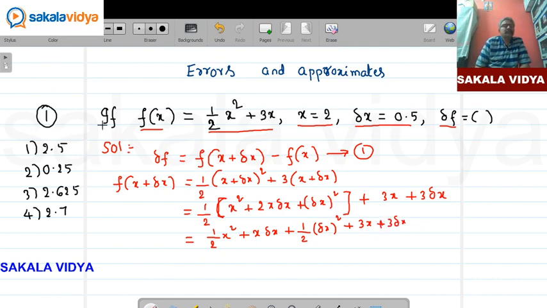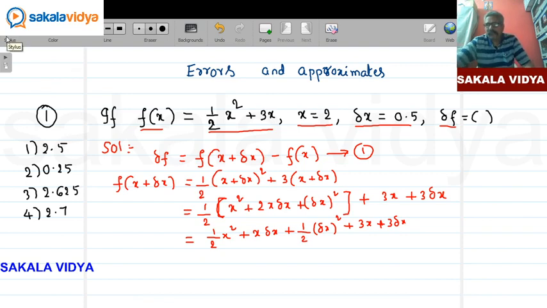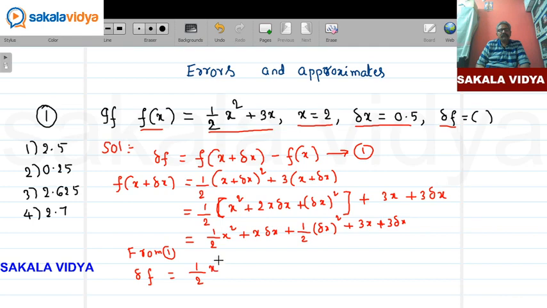Okay, now from equation 1, let us find out delta f. Delta f is equal to half x square plus x delta x plus half delta x whole square plus 3x plus 3 delta x minus f of x.